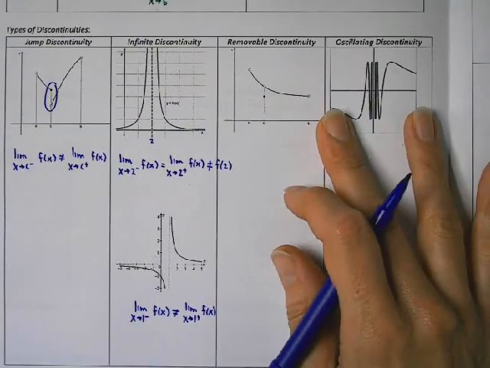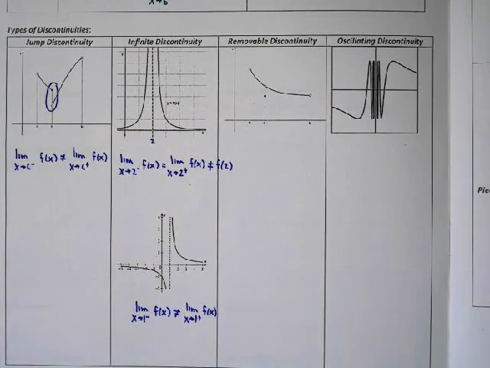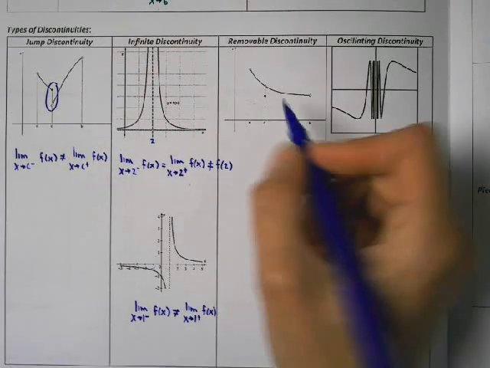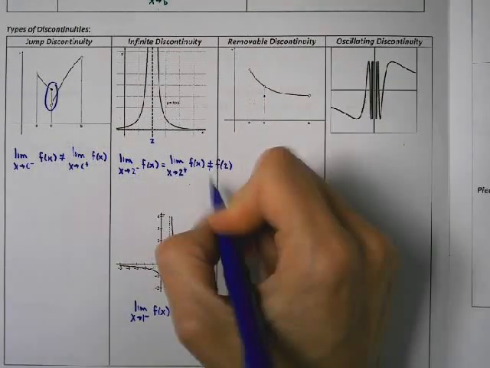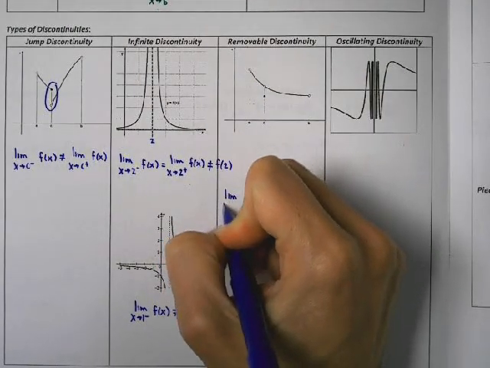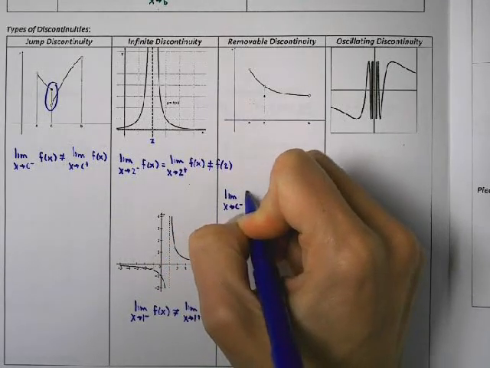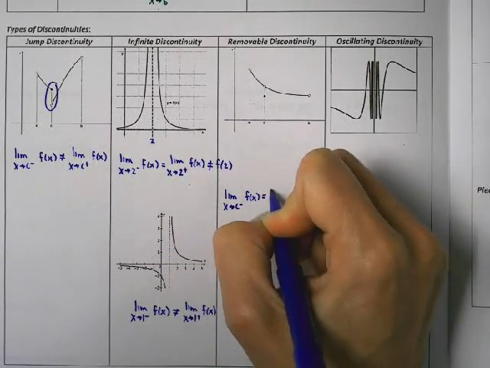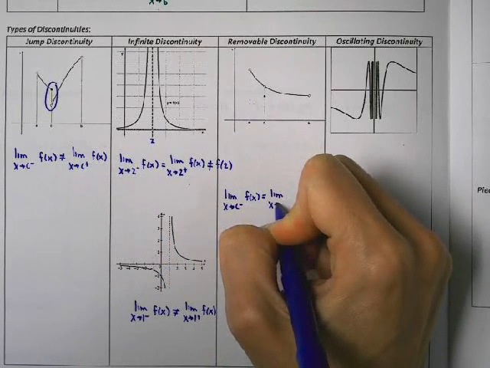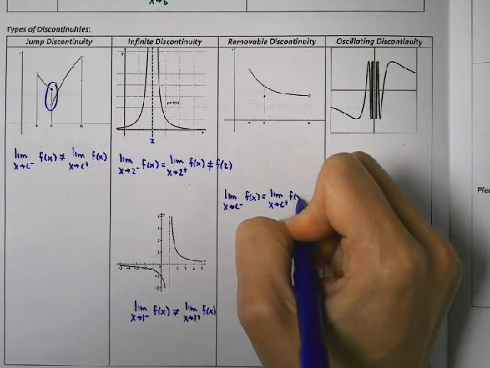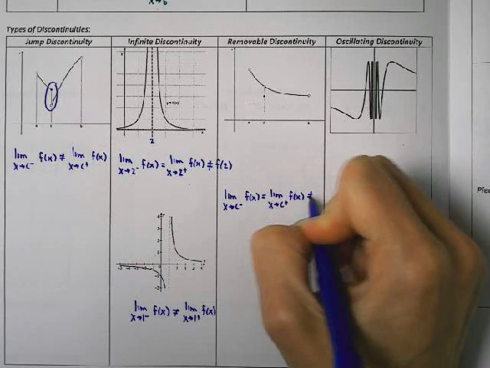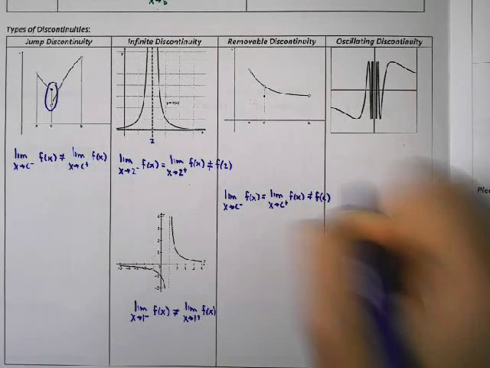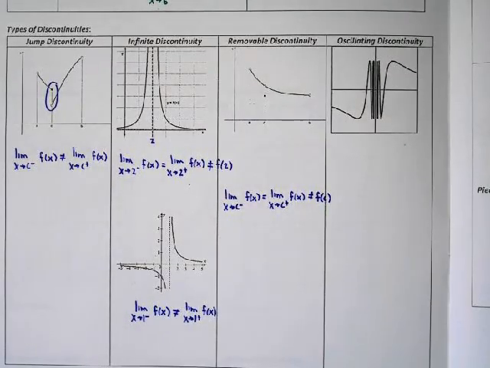The next type was a removable discontinuity that happens when we have holes. What we notice here is our two-sided limit exists. So the limit as x approaches c from the left is equal to the limit as x approaches c from the right, but that is not equal to the function value at c.